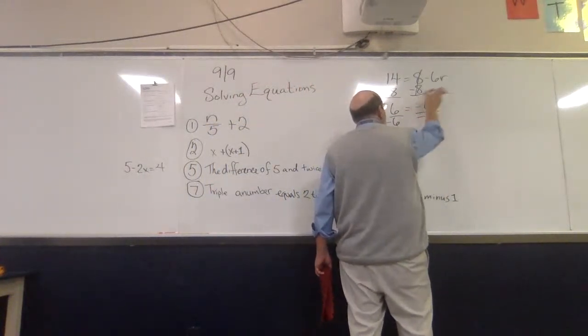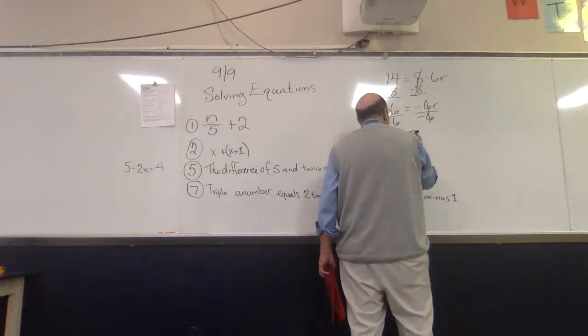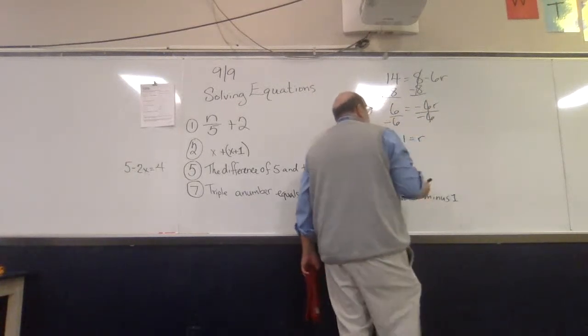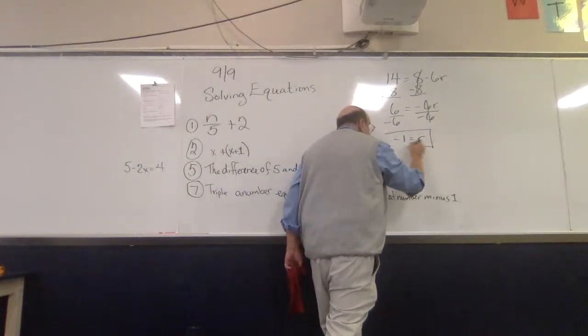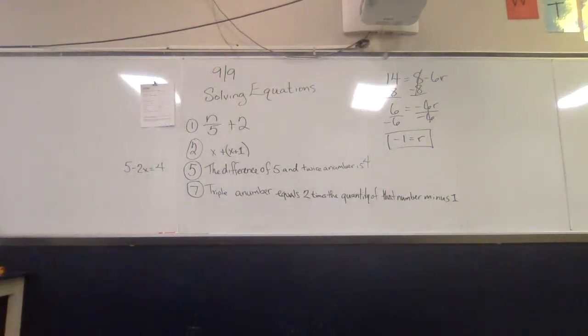That was a big trick. They put the negative 6r over here. And you guys already had it. That's what it needs to look like on a page. Make sure it looks like that. If it doesn't look like that, I start taking off points after the second assessment. And we're going to be solving a lot of equations.